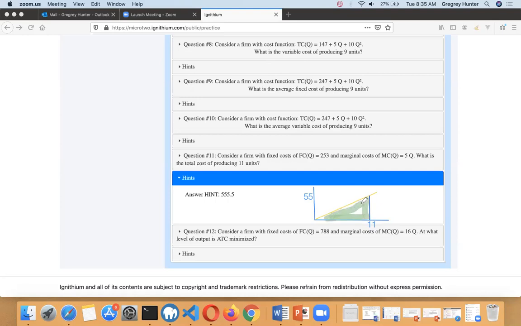It's kind of hard to get the shader to get all the way in there. But anyway, Shelby, you can see the triangle, right? So that's where the 1/2 comes from. There's the height at 55, and there's the base of 11, 1/2 base times height. Yeah. Okay.